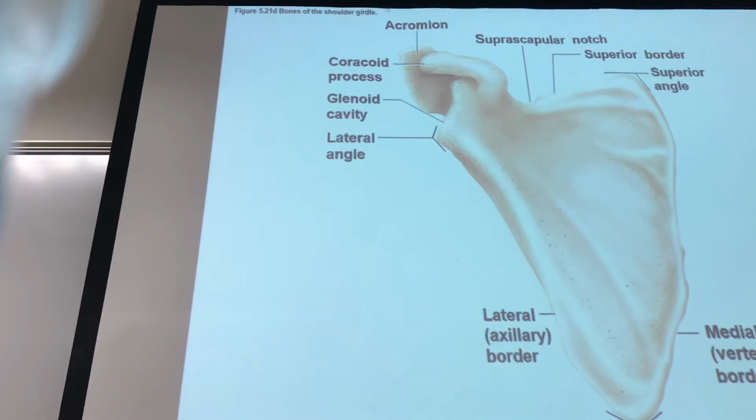There are two angles. One's on the top and one is on the bottom. The one on the top is called the superior angle. The one on the bottom is called the inferior angle. So you can see the superior angle up here and the inferior angle down here.